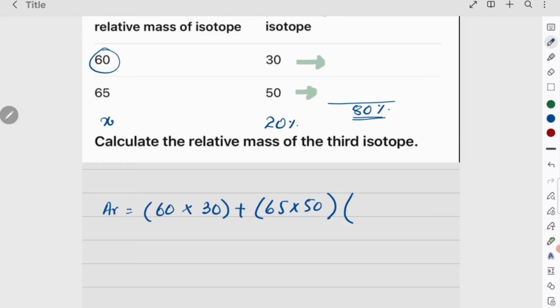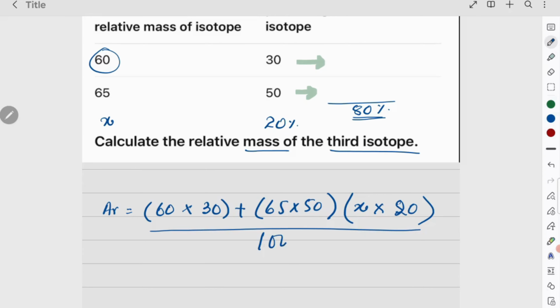Now we have to calculate the relative mass of the third isotope. It will be X multiplied by 20. So we have calculated its percentage, divided by 100. So now we have the value of atomic mass as well.